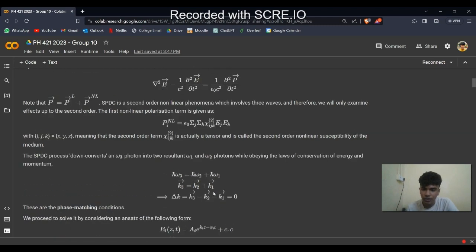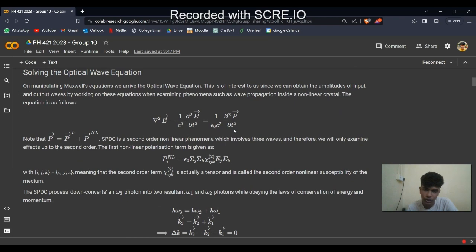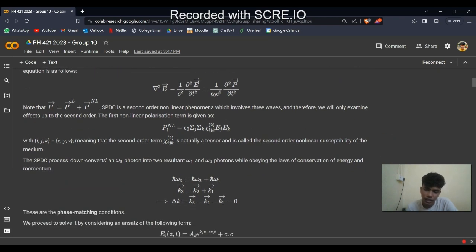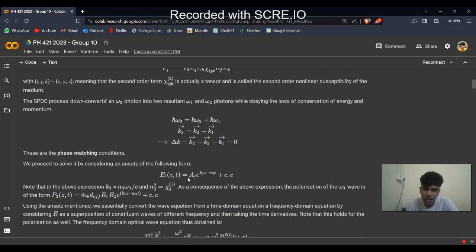To solve these differential equations that I have outlined here, the optical wave equation to be precise, we will consider an ansatz of the following form, where we basically consider the electric field to be made up of constituent waves at particular frequencies, right? So E_i is just A_i times e to the power i(kz minus omega t) plus the complex conjugate to ensure the reality of the wave.